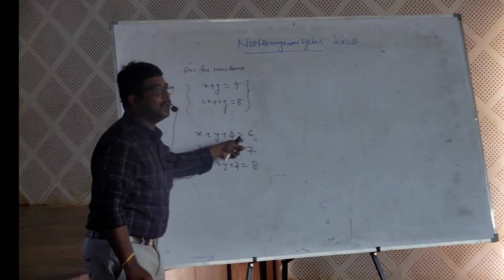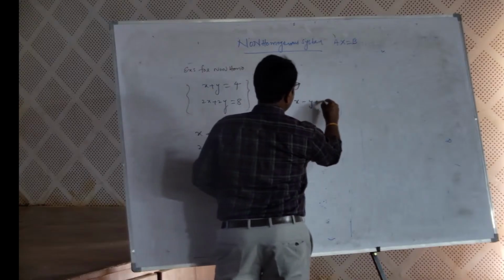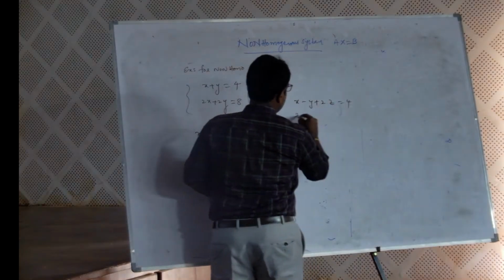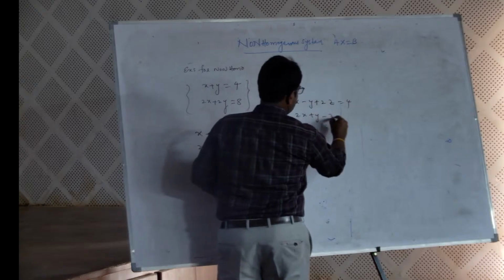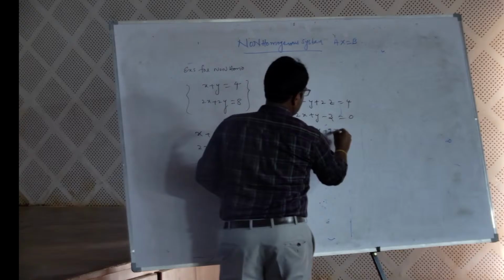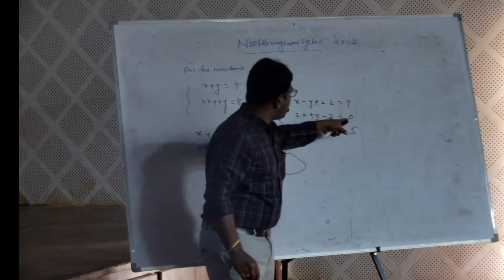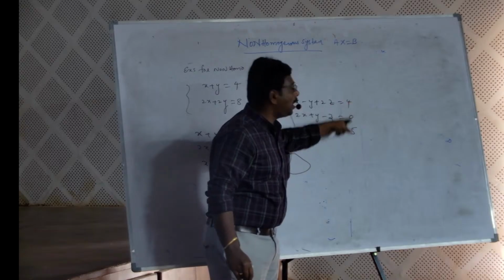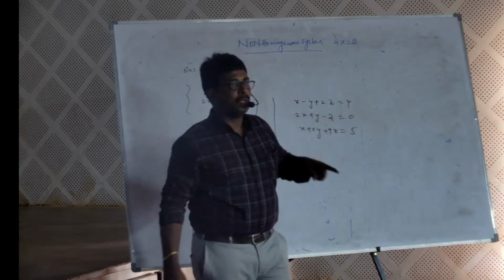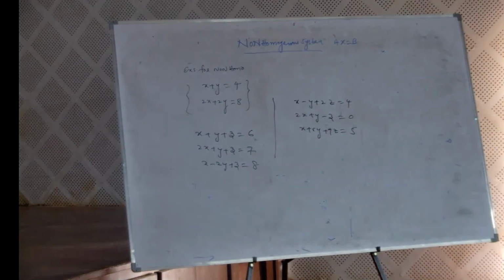What are the right side values? 6, 7, 8. It is a which system? Even though you are observing 1, 0, the remaining two values are not equal to 0. 4 and 5 are present, right? Middle value 0, no problem. But the remaining two values are not equal to 0. Still it is a which system?